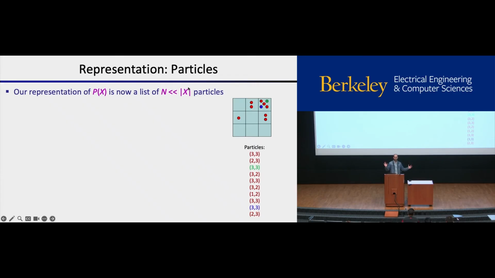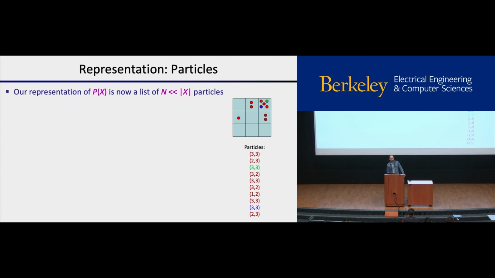If we have 10 hidden variables, each with 2 values, this would be 2 to the 10. Here are our particles. They're apportioning our probability mass to each of these different possible hidden states. These colors don't mean anything. It's just so you can track the particles as the algorithm progresses.